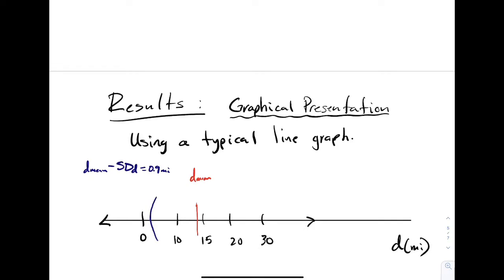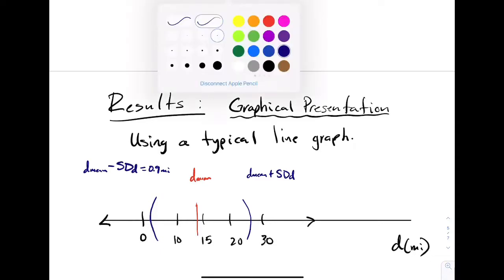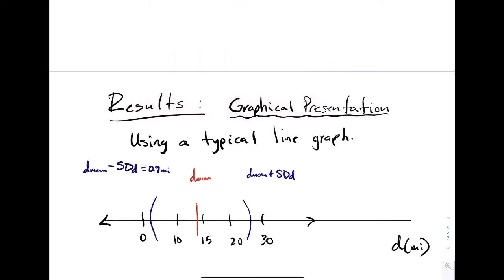And on the right side, we're going to do D mean plus the standard deviation in D. That'll end up being about 27.3, about here. And they should end up evenly spaced around the mean value. About 70% of our data will end up falling in that range.